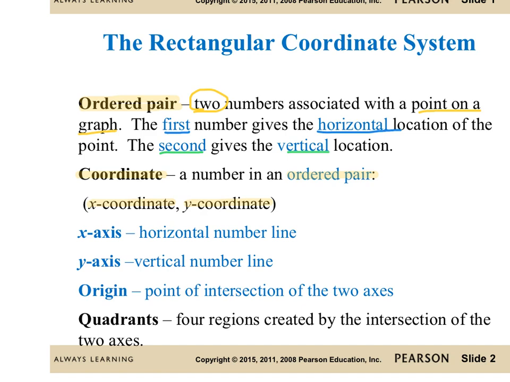And the key thing to remember here is what is the x-axis, what is the y-axis, and what is the origin. So the x-axis is the horizontal number line. And then the y-axis is a vertical number line.